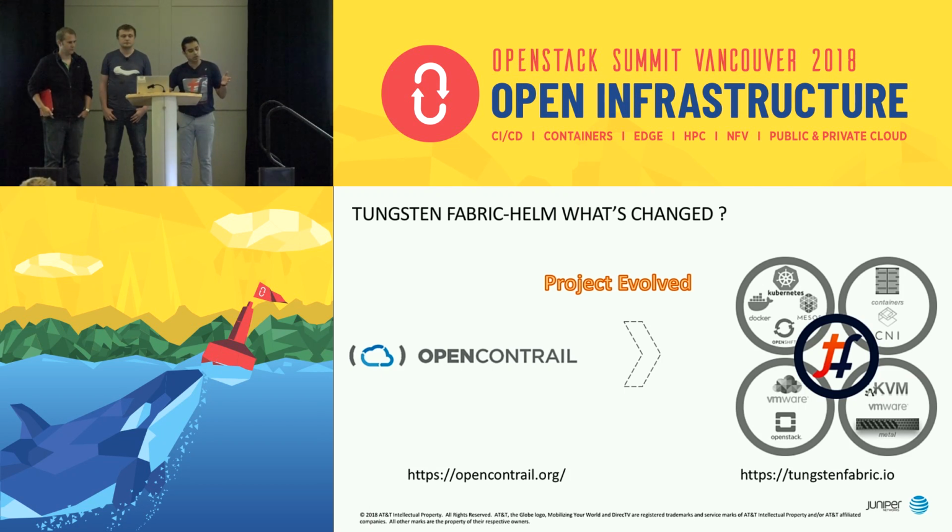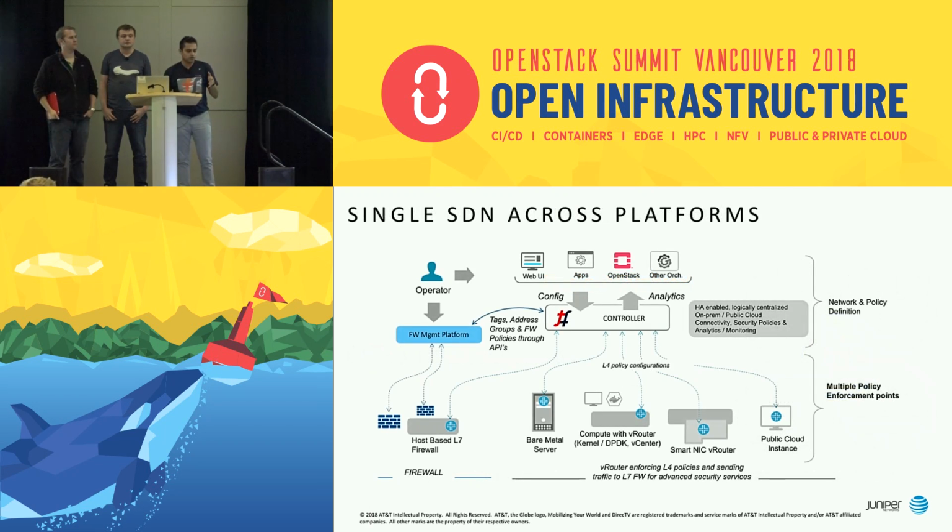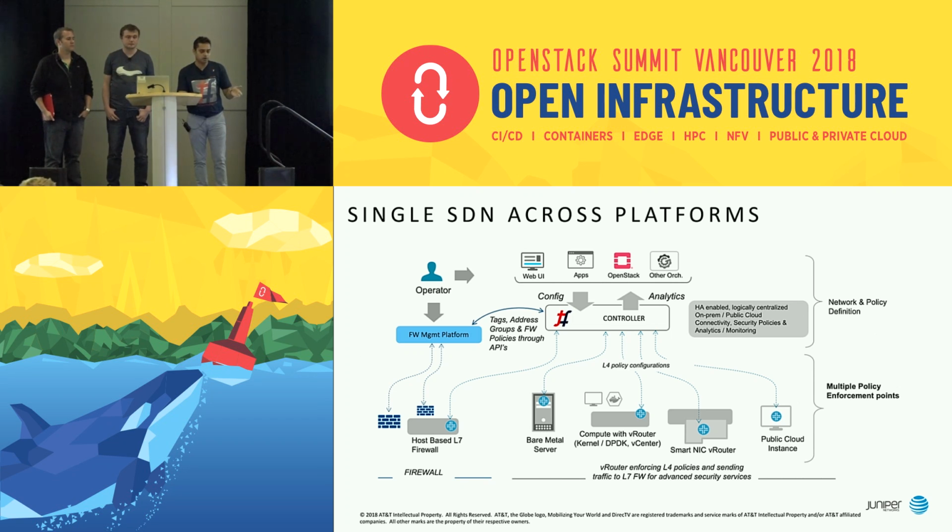So what Tungsten Fabric does is it is a ubiquitous SDN controller that solves key networking challenges across different types of workloads. You can use the same SDN controller to solve for bare metal, SmartNIC, VMs running on OpenStack, or even workloads running in your PaaS environment like Kubernetes. And everything can be seamlessly controlled via a single SDN controller.